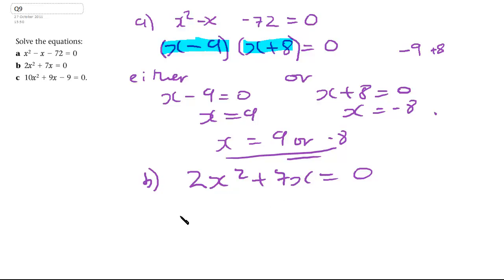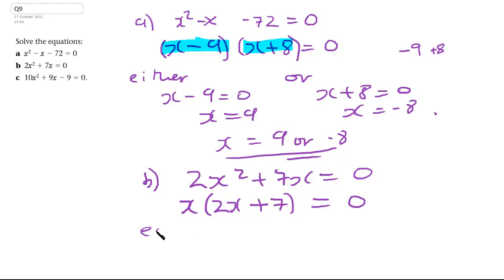Straight away, we can take out a factor of x. So x goes into this and leaves us just 2x. 2x times by x gives us 2x squared, plus 7 times by x, so we need 7 times by x to give us a 7x there.